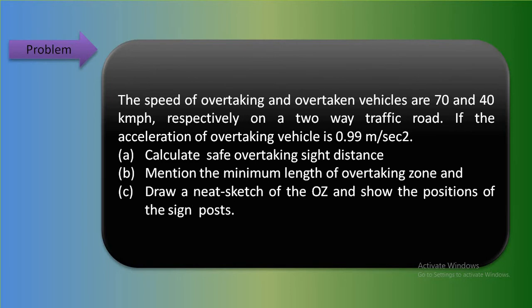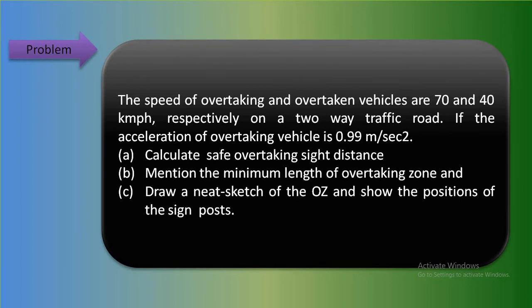So this is one problem here. The speeds of overtaking and overtaken vehicles are 70 km per hour and 40 km per hour respectively on a two-way traffic road.